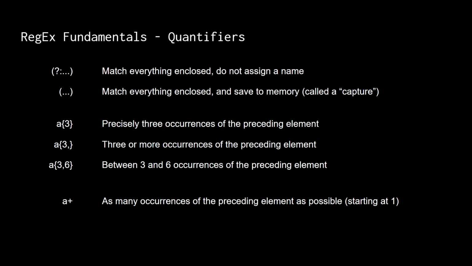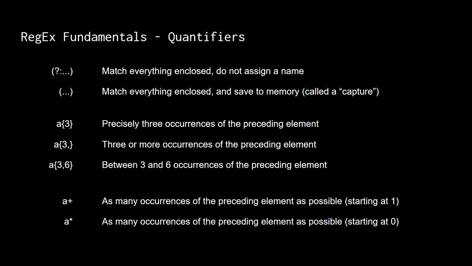Arbitrary numbers. Less specific than the curly brackets. First one is a starting at 1. An A, the plus symbol in front of a search element says, okay, 1 or more of these occurrences, right? As many as I can, 1 or more, okay? Similarly, the star is 1 or more starting at 0.